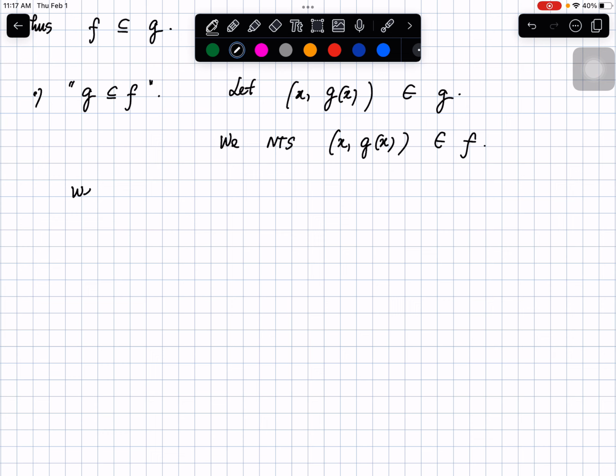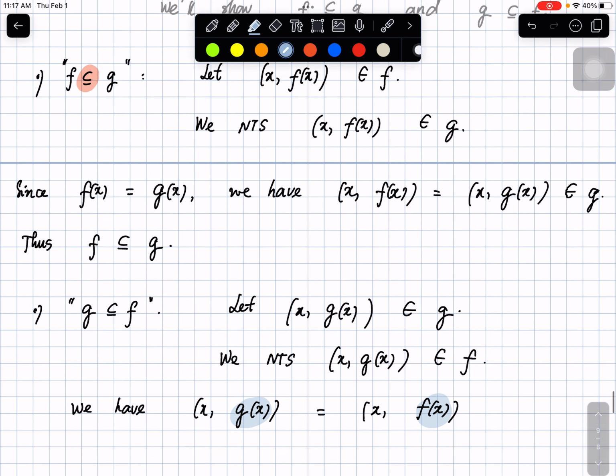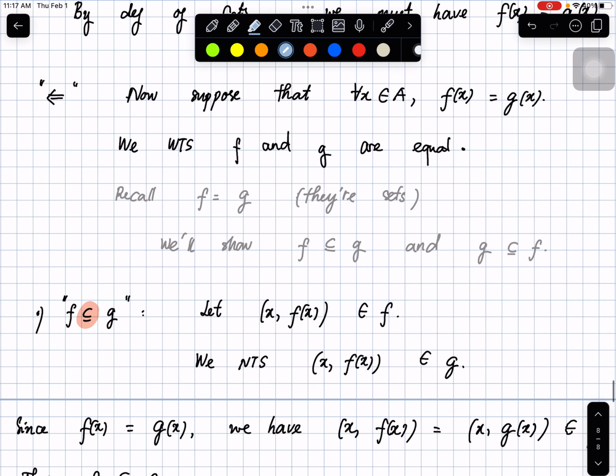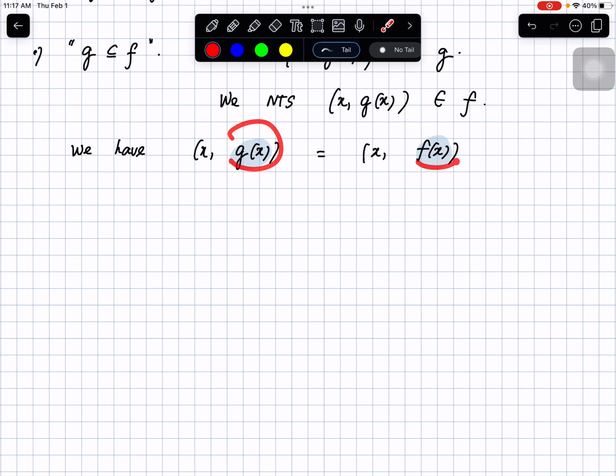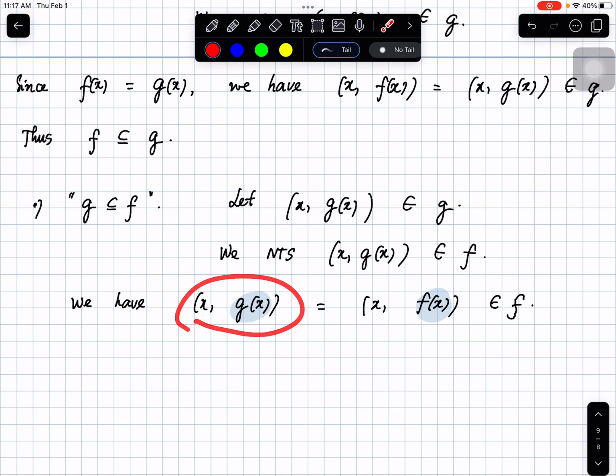We have (x, g of x) equal to (x, f of x), just because they are equal by our hypothesis. We suppose by our hypothesis that f of x equals g of x for all x in A. So (x, g of x) equals (x, f of x), and (x, f of x) is an element of f. And we're done, exactly what we need to show: (x, g of x) is in f.